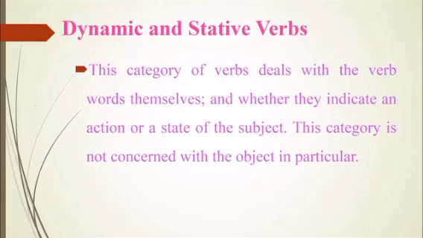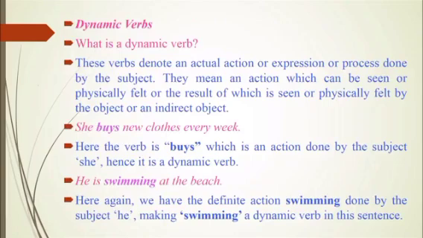Next, let's see about dynamic and stative verbs. This category of verbs deals with the verb words themselves and whether they indicate an action or a state of the subject. This category is not concerned with the object in particular. First, we have to know what is a dynamic verb.